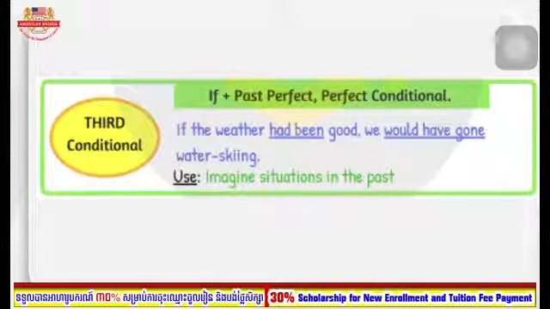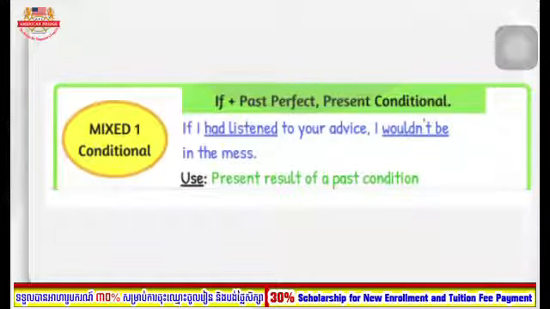This is to talk about a condition in the past that didn't happen. So sometimes we use the third conditional to recreate something that we didn't do or that didn't happen in the past. Okay, good, students. Let's move to the next.